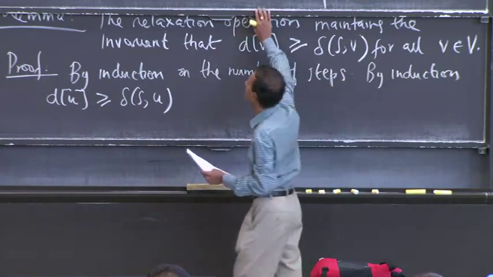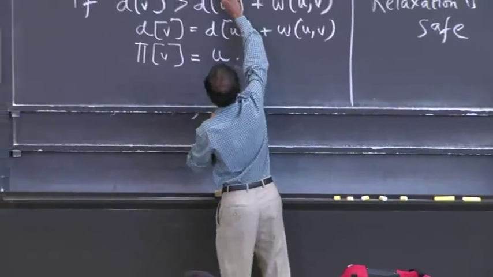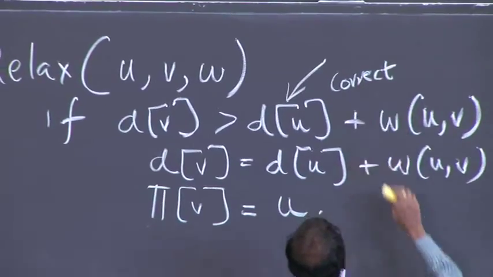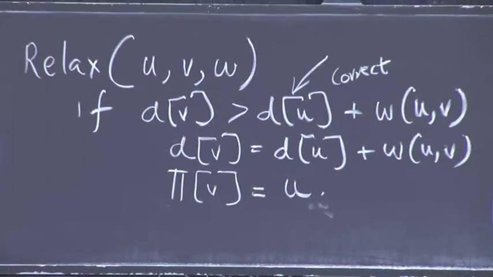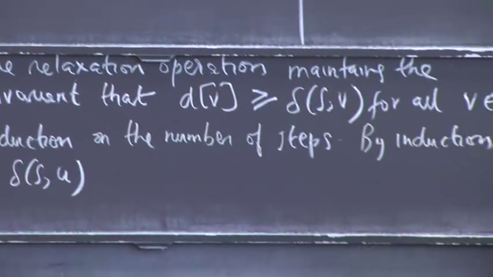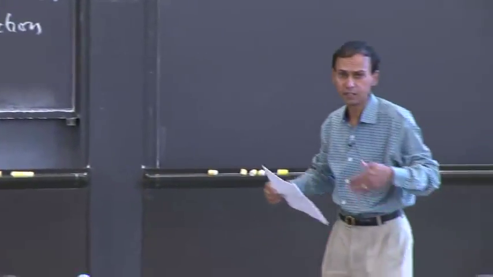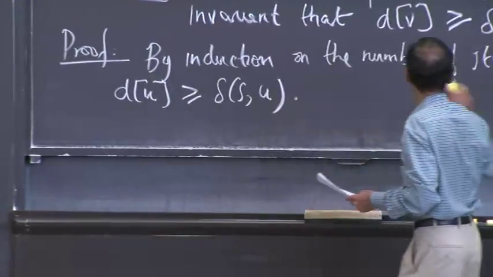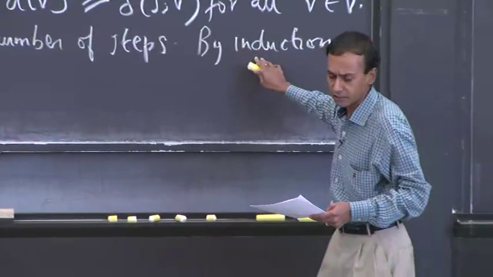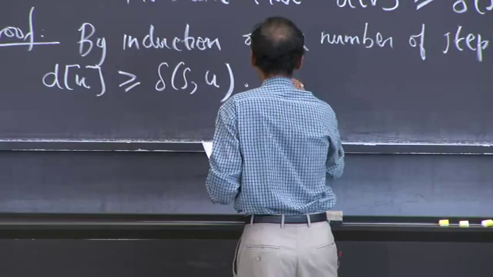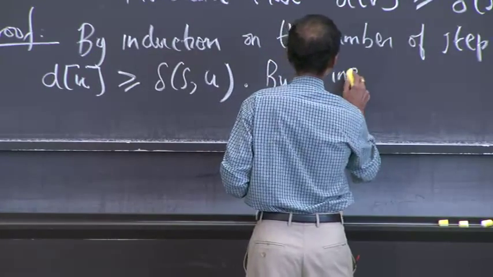So it's like a base case is that this is correct. And now we want to show that the relaxation operation doesn't make D of V incorrect. And so that's the inductive hypothesis.